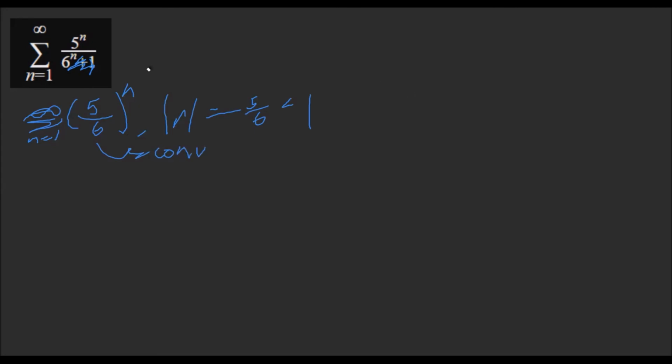Now, that means that our initial series of a sub n converges if the limit as n approaches infinity of a sub n over b sub n is positive and non-infinite. So let's find out if it truly is. Okay, we can simplify this a little further by saying that this is equal to the limit as n approaches infinity of 6 to the power of n over 6 to the power of n plus 1.